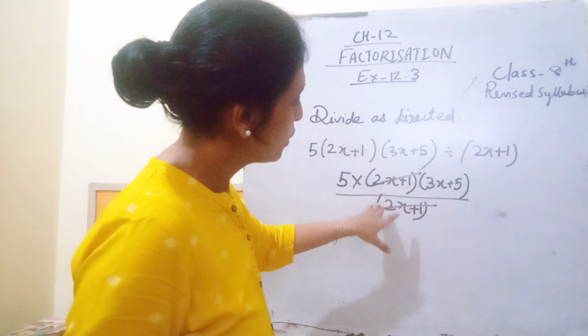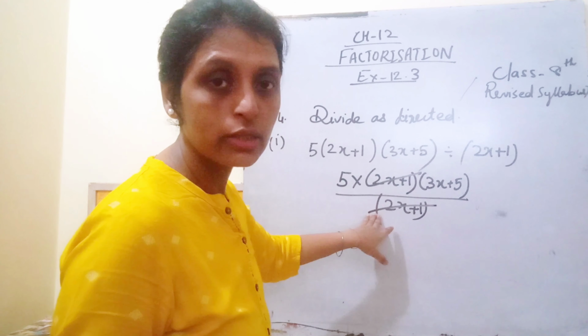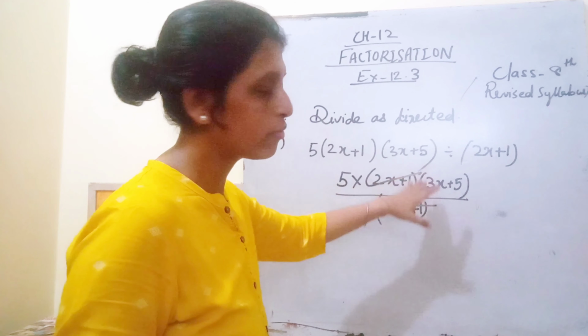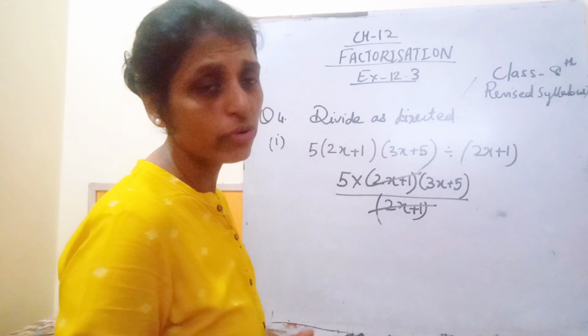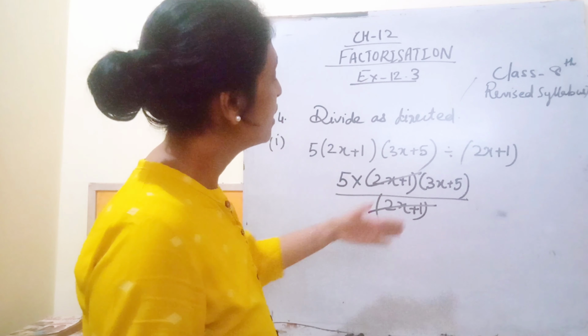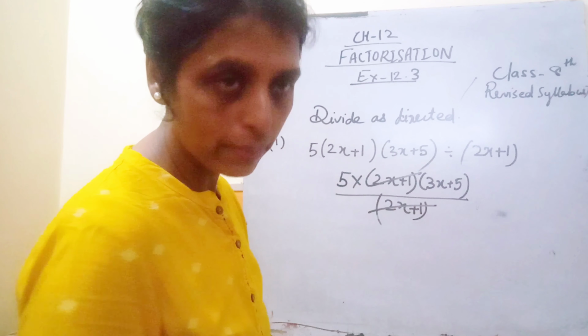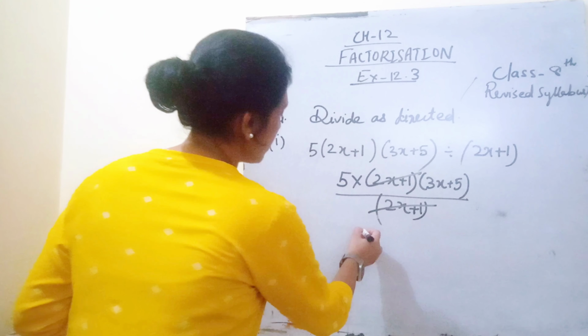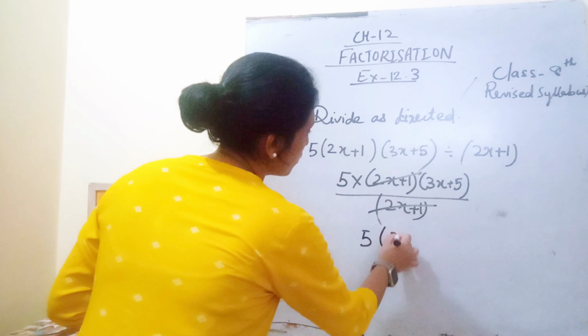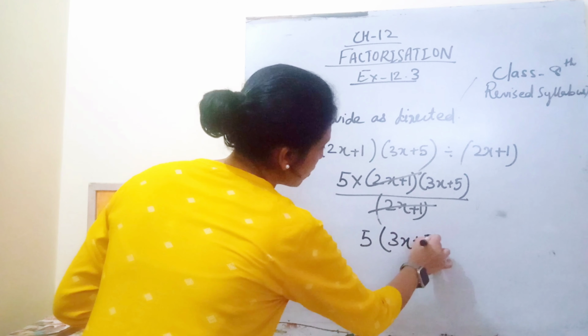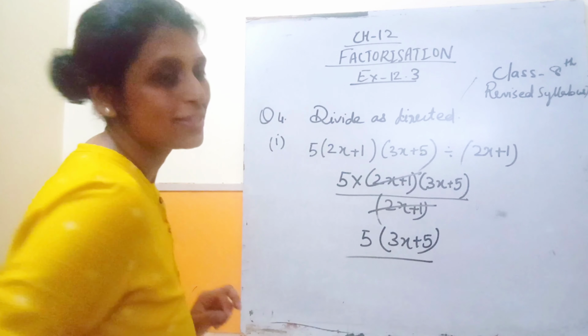Here we can use the laws of exponents also, because they are the same base, the powers will get subtracted. Or if you don't want to go into much detail, simply because they are the same terms in the numerator and the denominator, they get cancelled. Now it is 5(3x + 5). So this is the solution.